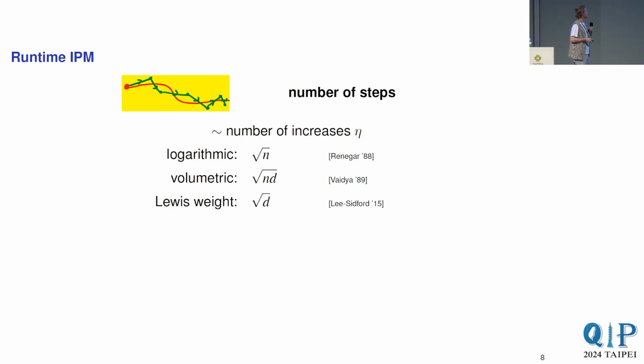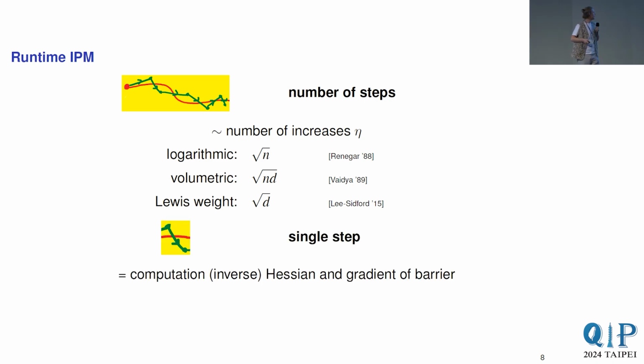We want that. That's the number of steps you have to take, but then by considering this increasingly complicated barrier, we pay a price for that. How do we pay a price for that? The price is in the single step that we have to implement. A single Newton step requires us to compute this inverse Hessian and gradient of the barrier. So if we take more complicated barriers, this is going to be a more costly step.